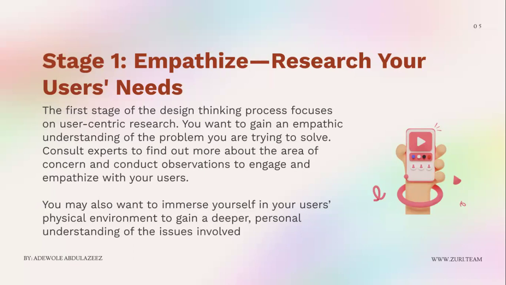Consult experts to find out more about the area of concern and conduct observations to engage and empathize with your users. You engage with your users, you ask them questions, in order to better understand what they are going through. You may also want to immerse yourself in your users' physical environments to get a deeper personal understanding of the issues involved.